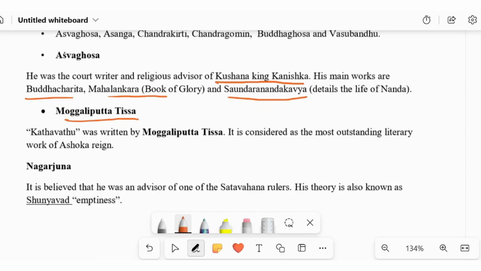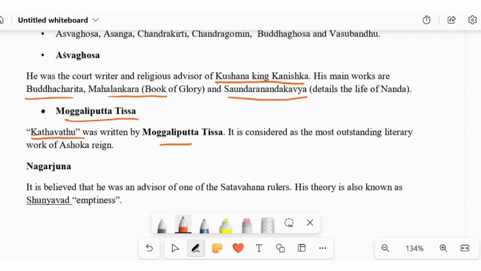He was the one who presided over the third Buddhist council, which was held at Patliputra under the patronage of Ashoka. So Mogaliputta Tissa is known for his outstanding literary work Kathavathu, right? Which was written during Ashoka's time.